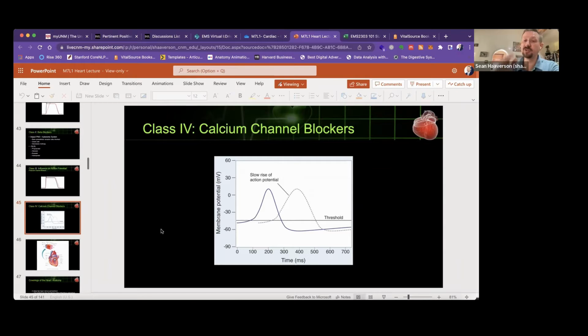So it's working on phase 2, the plateau of our depolarization phase. And calcium channel blockers have an impact on electrical, but they're also going to impact the mechanical, right? Because if I block calcium channels from opening, calcium doesn't go in the cell to help depolarize and make that plateau in phase 2, but it also isn't available for contraction to occur.